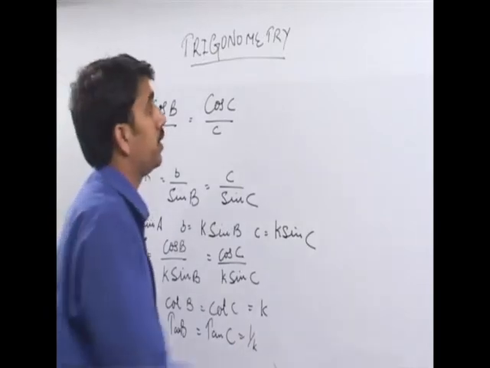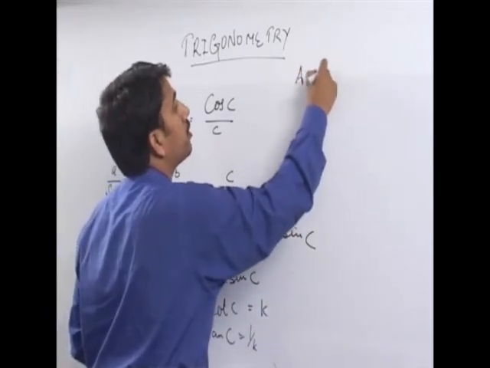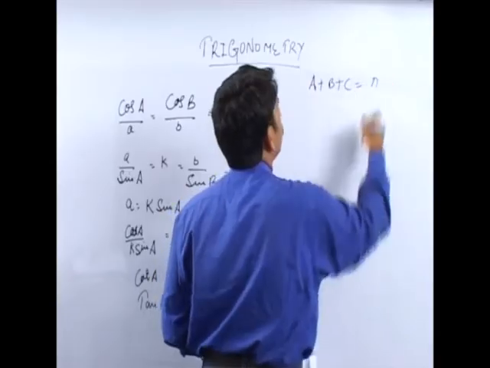Now we know that in a triangle, angle A plus B plus C is equal to pi.